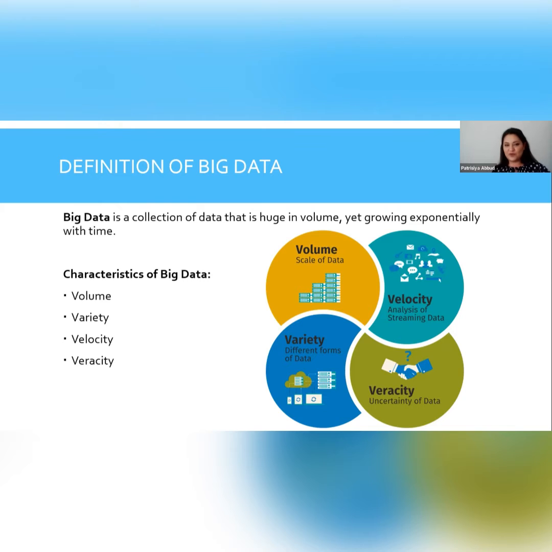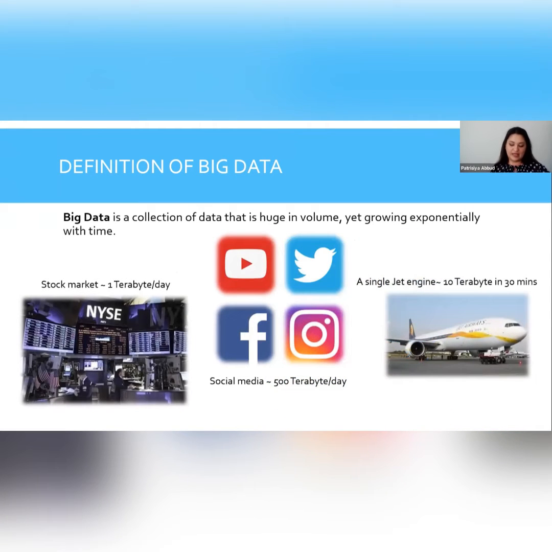So, saying all this, we can give a great example of big data. For example, it's a trade market. Let's say New York Stock Exchange. It generates 1 terabyte of data per day. All kinds of social media can be an example of big data.